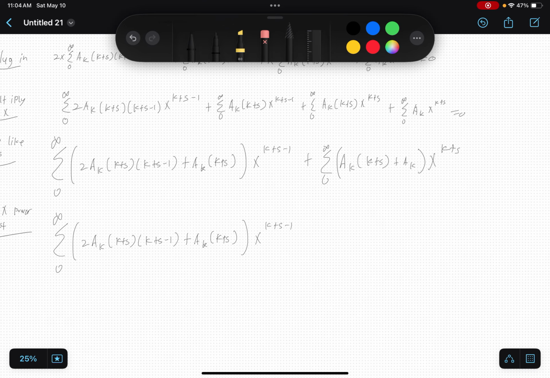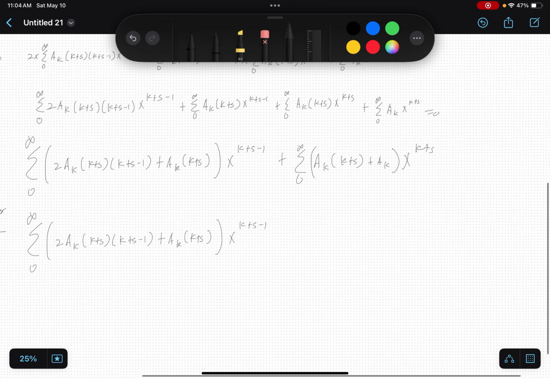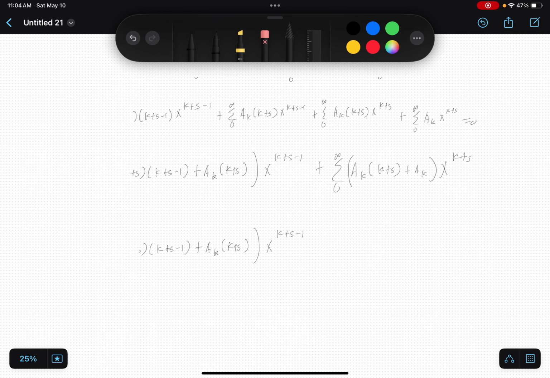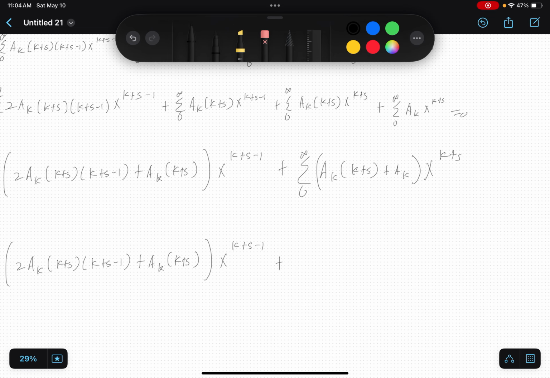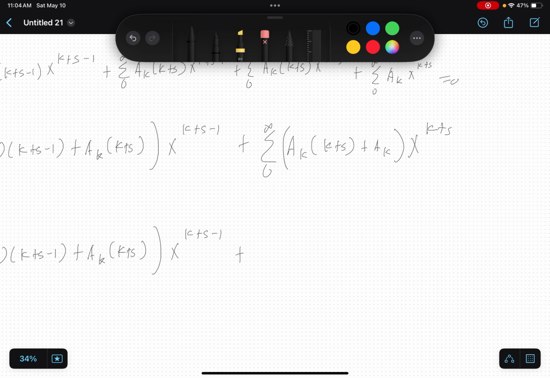Okay, second term. Yeah, okay. So the way we could do that is we can rewrite this, we can shift this whole sum over. And the way we do that is we go 1 to infinity instead of 0 to infinity.